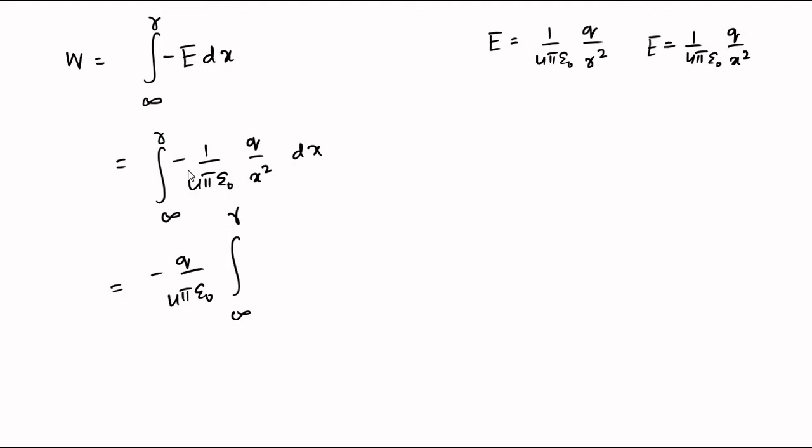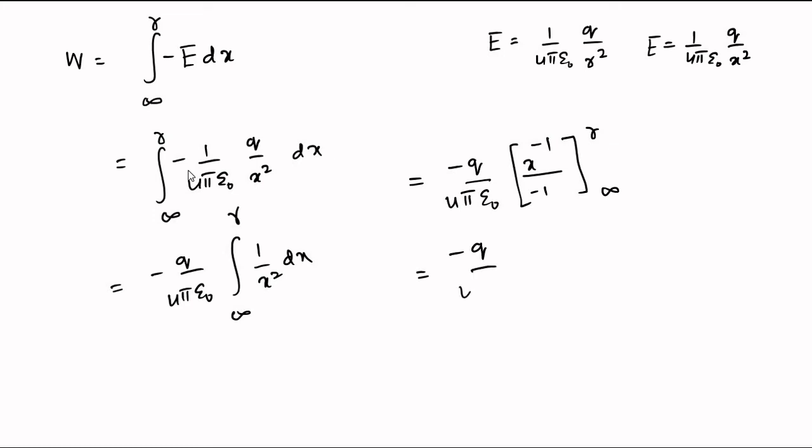Okay, so it will be 1 by x square dx. Let us write it here: minus q by 4 pi epsilon 0, so minus 1 by minus 1, r and phi, that is minus q by 4 pi epsilon 0, minus 1 by r minus this 1 by phi. 1 by phi is 0, so it is simply q by 4 pi epsilon 0 r.